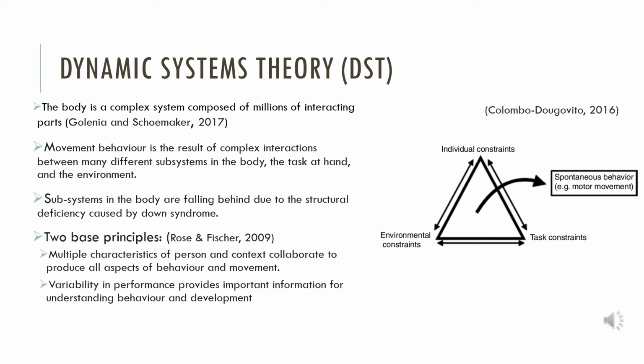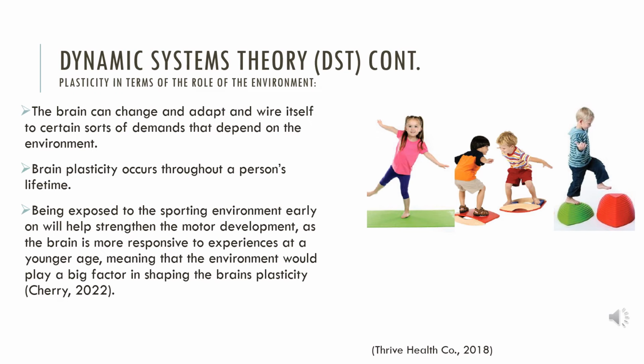And secondly, variability of performance provides important information for understanding behavior and development. Dynamic systems theory talks of plasticity, which is the role of the environment. The environment is critical in the way the brain develops. The idea is that the brain is able to change and adapt and wire itself to certain sorts of demands that depend on the environment.